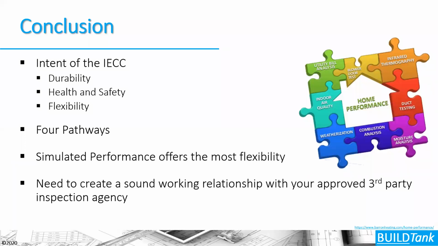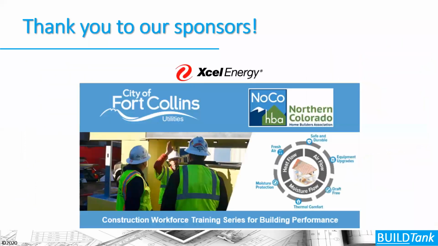There's the prescriptive R-value pathway, there's the UA trade-off pathway, the simulated performance pathway, and the energy rating index pathway. Simulated performance path offers the most flexibility there. And again, you need to create that working relationship with third parties, inspection agencies, if you're going to use those agencies in your jurisdiction or with your particular house there.